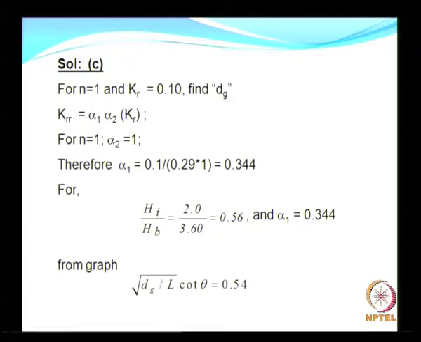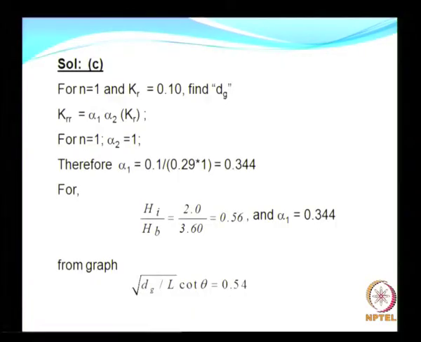So use the same equation. For this case alpha 2 can be read as equal to 1, and hence use the above equation to get alpha 1. Alpha 1 now in this case for this particular problem will work out to 0.33, 0.34.